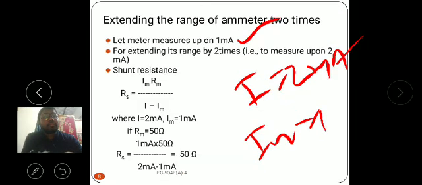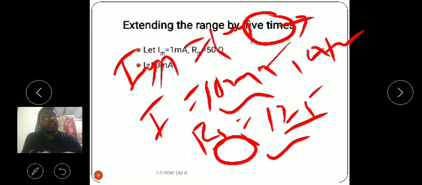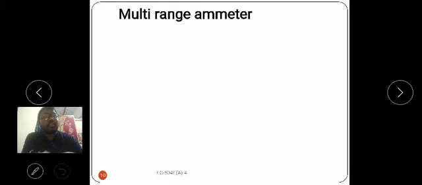After that I am going to explain one more topic, the multi-range ammeter. In the multi-range ammeter, we are extending the DC ammeter with the help of different shunt resistors. That means multiple resistors are connected to the meter in the DC ammeter.